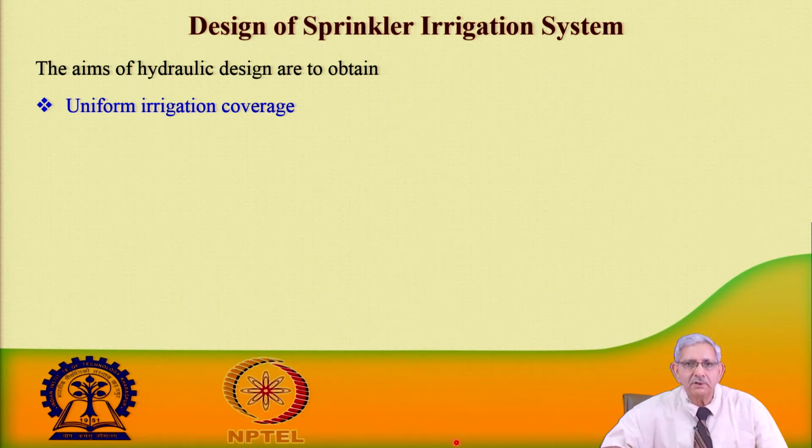So, it gets more time for infiltration by the time the waterfront advances to the downstream end. So, applying a uniform depth of irrigation water in a surface irrigation system is just impossible.